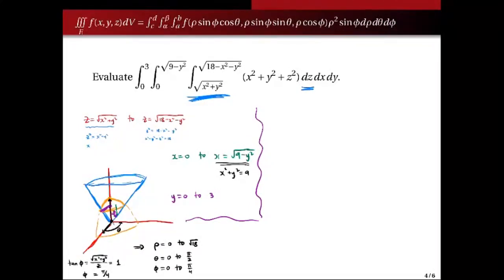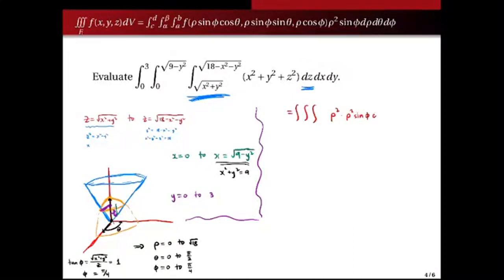Okay? So in here, we'll convert this into spherical coordinates. Of course, x squared plus y squared plus z squared, that's rho squared. And then the dV, or this dz dx dy, it's equal to rho squared sine phi.